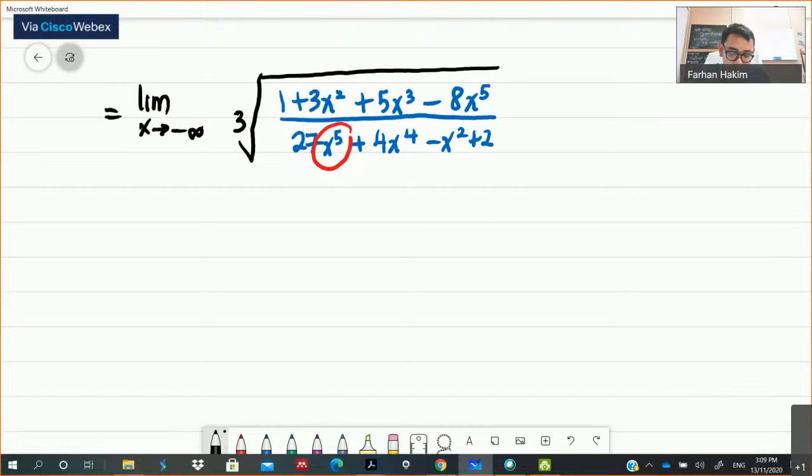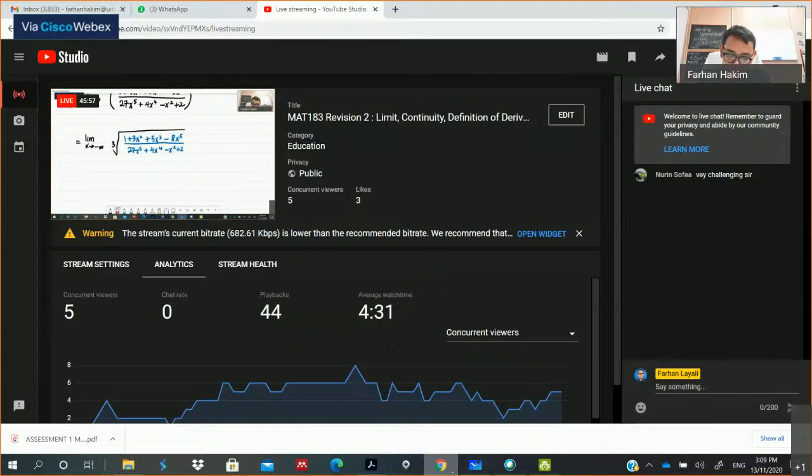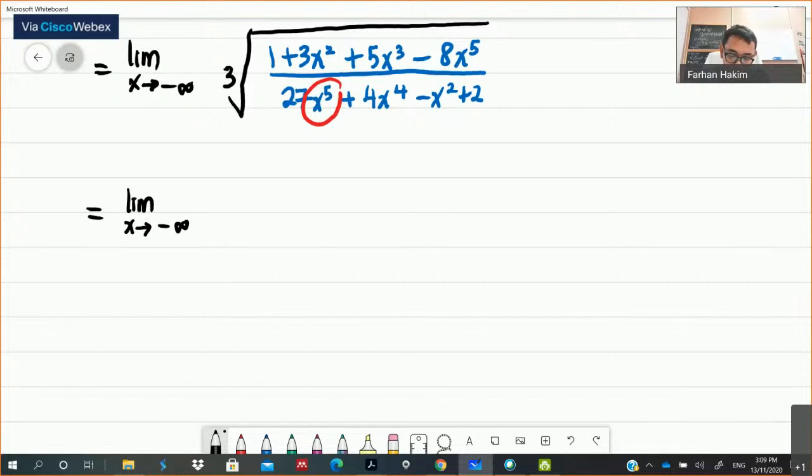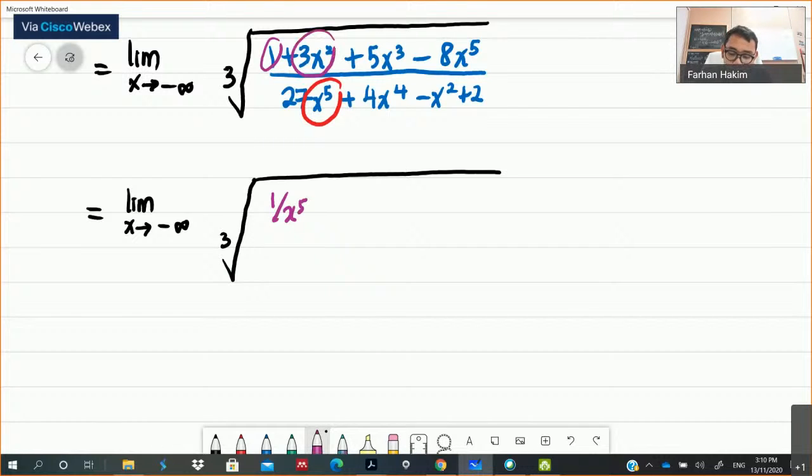So in this case, we have the limit as x approaching negative infinity of the cube root. I'm going to divide this one with x to the power of 5. Next, this one, plus 3x squared, divide with x to the power of 5.